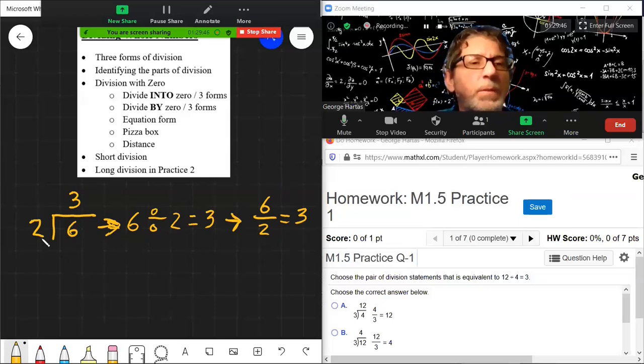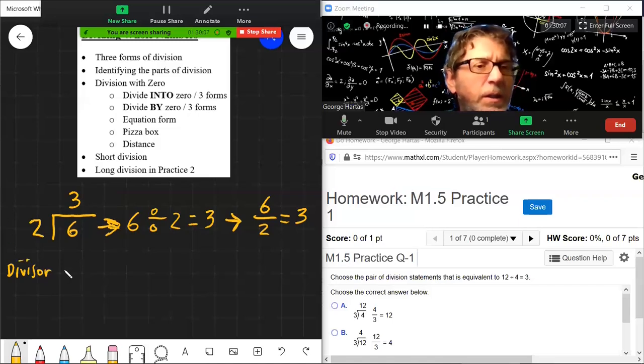Now, each of these numbers has a name. We have labels attached to these numbers, so that way they're easy to identify. So this number here, this number in front, is the divisor.